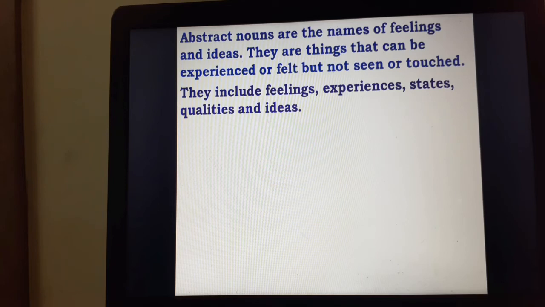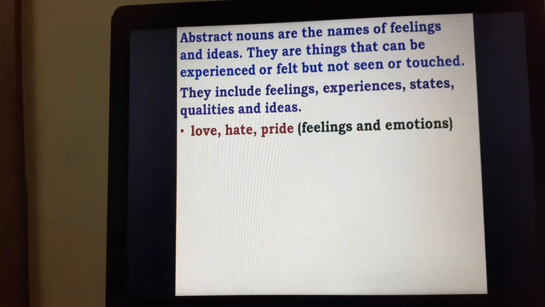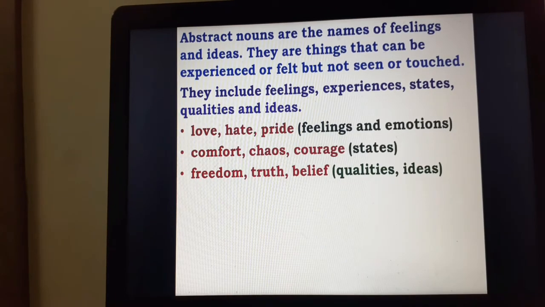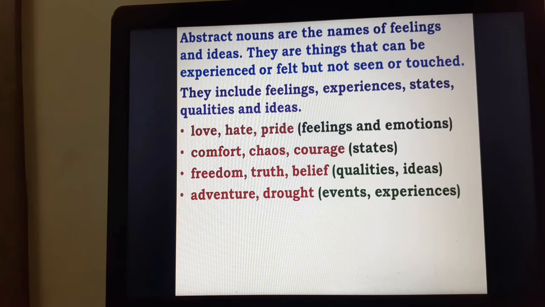It means that those things do not have any physical existence. Like love, hate, pride, comfort, chaos, courage, freedom, truth, belief, adventure, drought.